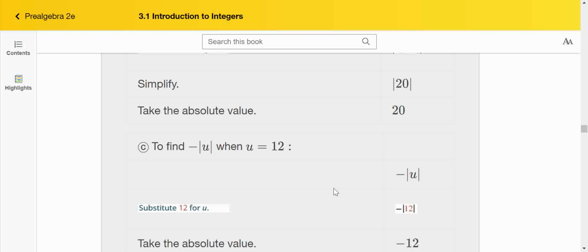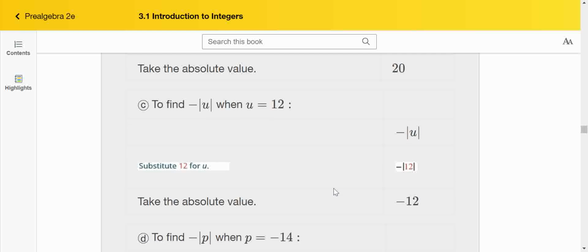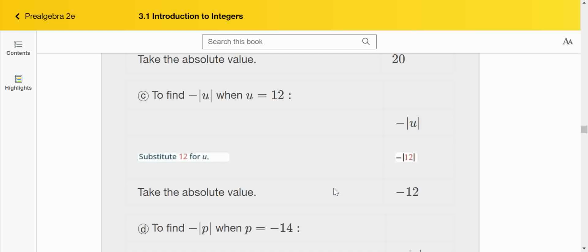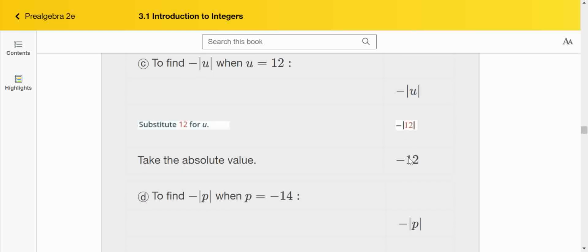For c, to find minus absolute value u when u is equal to 12, you substitute in 12 for u, take the absolute value, and since the absolute value only affects the inside and the negative is outside, we get -12.